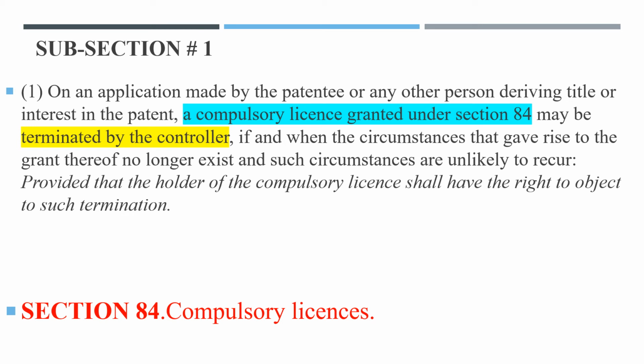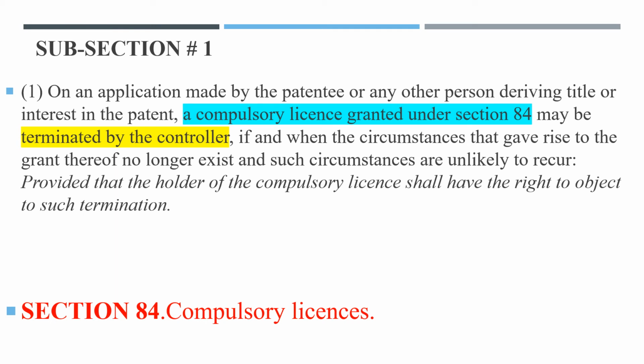By whom? By the controller. In which condition? If and when the circumstances that gave rise to the grant thereof no longer exist. That means the previous or older suitable circumstances no longer exist, and such circumstances are not likely to reoccur in the future. And what is the criteria?